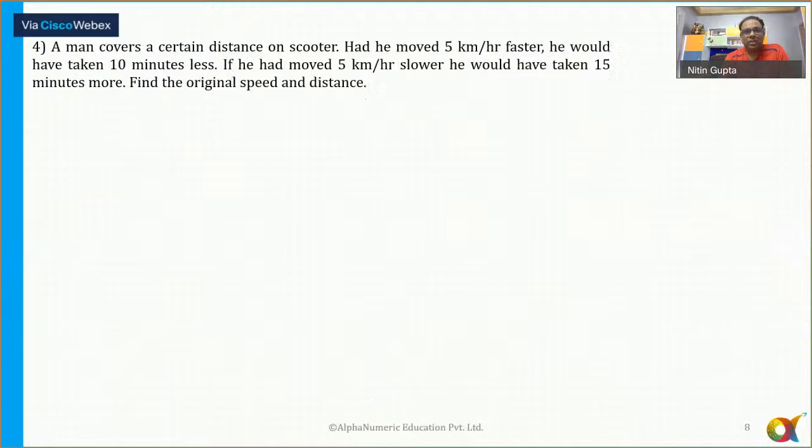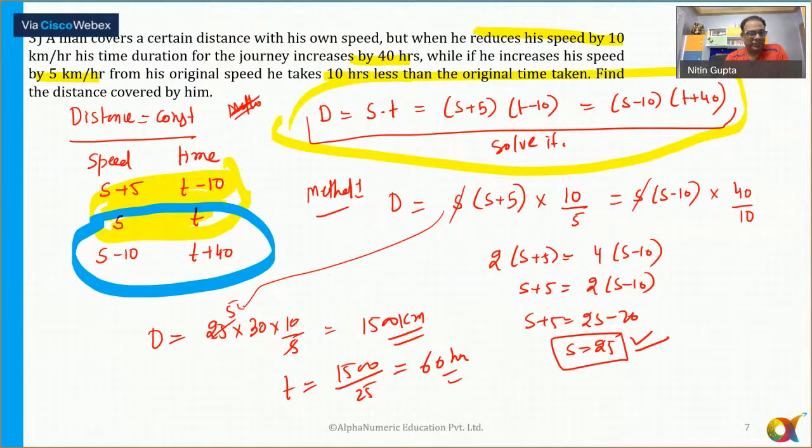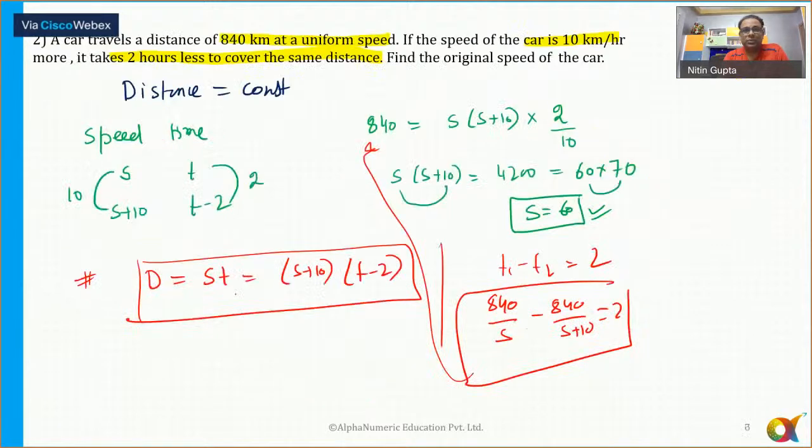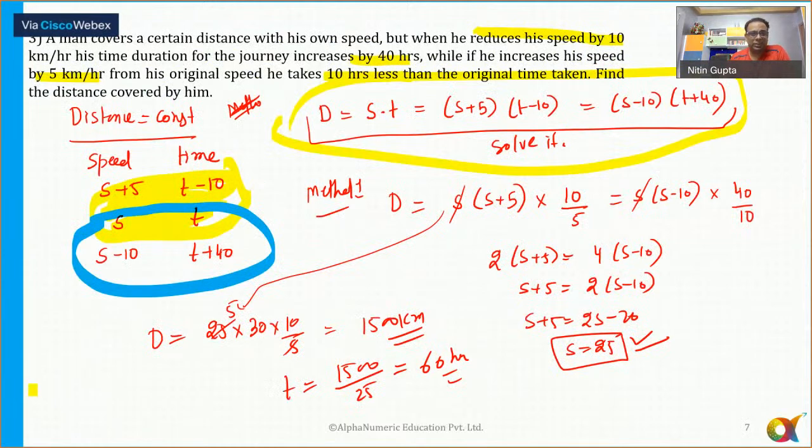Let's move to another method here. If I try to solve this equation, I'm going to erase everything. I hope that you all have noted all this formula and how I have solved it here. So let me take some other screen.